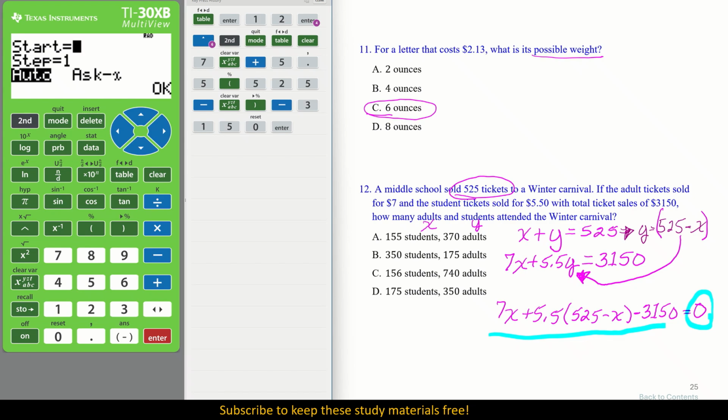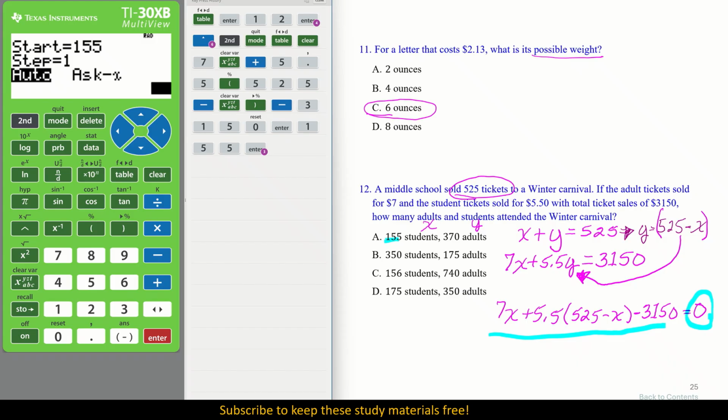I'm looking at my A, B, C, D options, and it asks where I want to start. I don't want to start at 0, because I'll be arrowing up and down all day long. I'm going to start at 155, a whole lot less arrowing. Let's see if we get lucky.